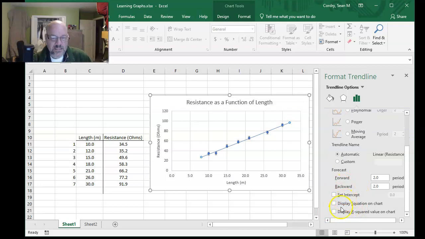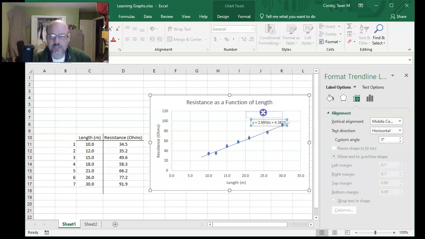Let's talk about these things right down here. I'm going to hit display equation on chart, and that tells me the equation, just like this. We could do all kinds of stuff with this. We could change its font, change its color, make the box blue. Lots of things we could do, but probably not necessary.